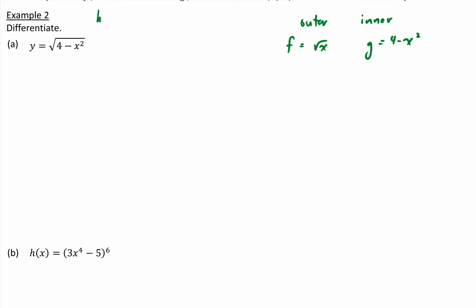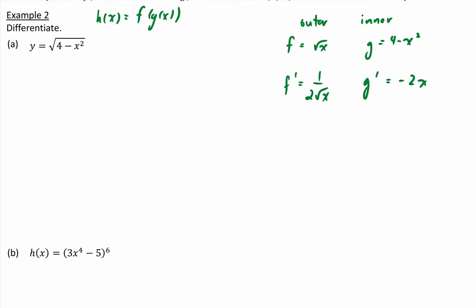That is making the assumption that h of x is equal to f of g of x. Secondly, I would determine the derivative for both the inner and outer functions. f prime of x, which we've seen a few times, is 1 over 2 root x. And the derivative for g is just going to be -2x.